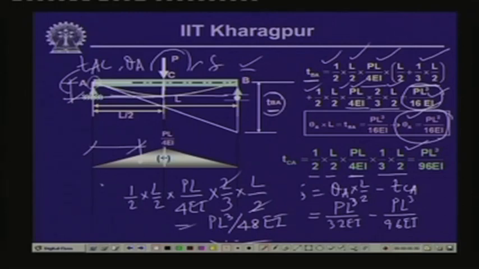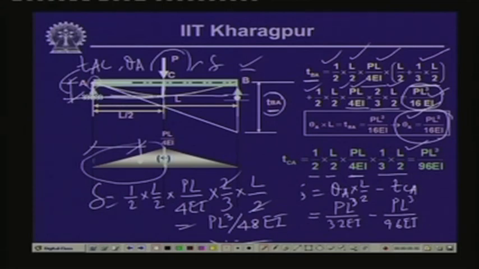Hence, we get the value of delta by computing this part of the bending moment M by EI diagram. We take this part of the M by EI diagram, take the moment of this with respect to A, and we get the tangential deviation of point A with reference to the tangent drawn at C, and that is nothing but equal to the deflection of this beam.